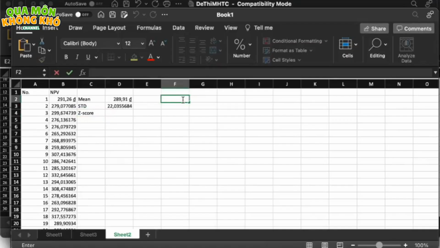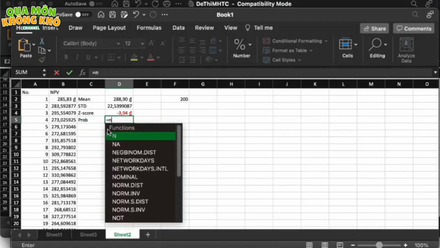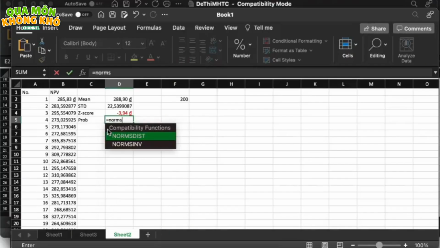If we want to compare with a specific value, such as 200 million, our Z score will be 200 minus the mean, divided by the standard deviation. So that is the Z score, and we just use the function NORM.S.DIST to find out the probability of this Z score.